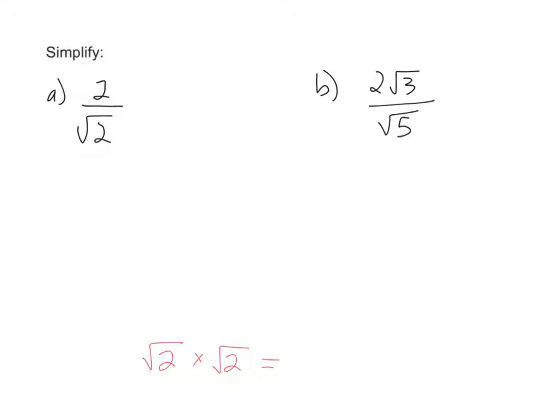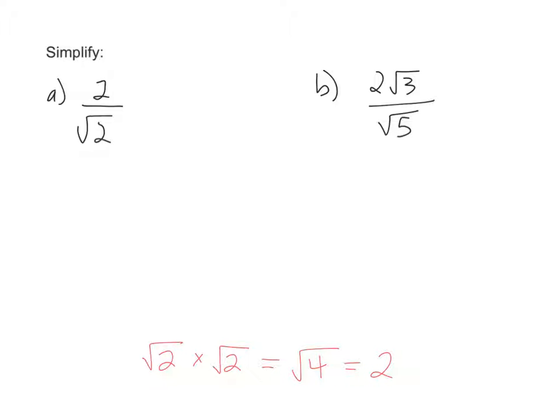Root 2 times root 2. Root 4, which is equal to just 2, because it's a perfect square. So that's the idea that we're going to use here. If you multiply a radical by itself, then you get a number that's not a radical.